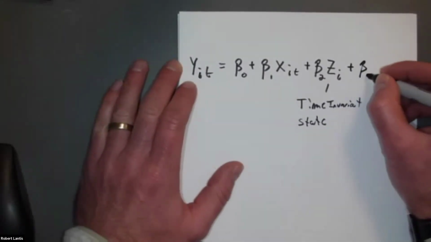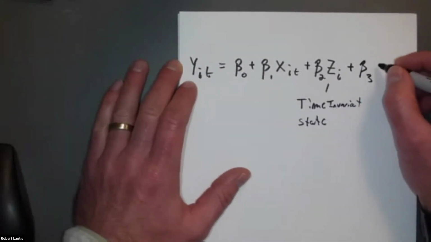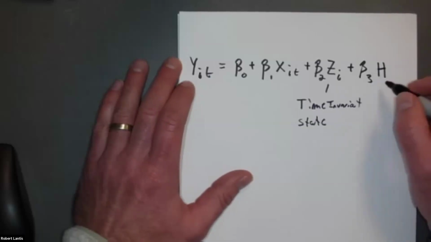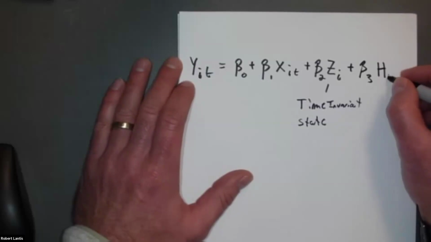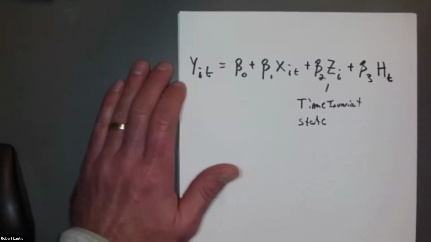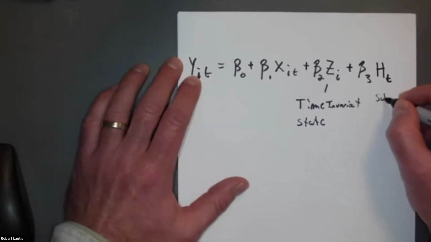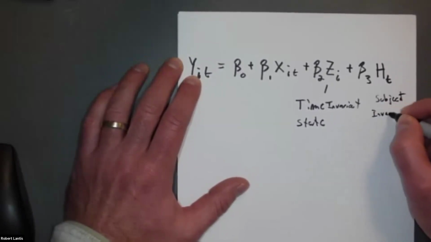So what we're also going to have, right, and here, what am I going to use? Not Z. Oh, I don't know. What letter do I want to use here? So X, Y, Z. We'll just use, I don't know, H. Why not? So this is going to be things that are not time invariant, but in a weird way, we can think about this like subject invariant, right?